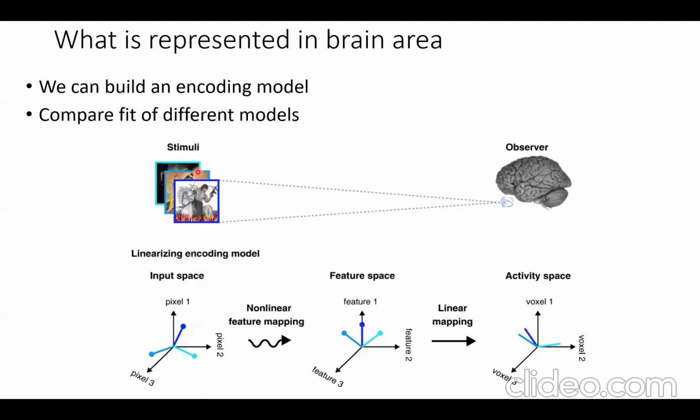But instead of using the pixel values, we might use some type of nonlinear feature mapping to represent them in this feature space, which, by the way, is exactly the same thing we do when we say, well, these are happy faces and these are sad faces or whatever. We're just using a bit more quantitatively designed feature space more often than not. And then we use this feature space to predict the brain activity using a linear regression.